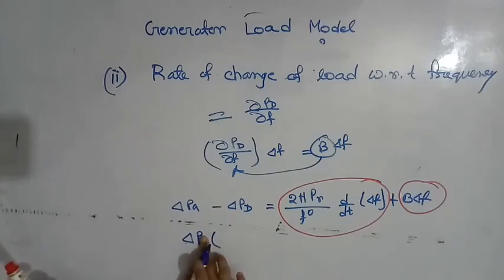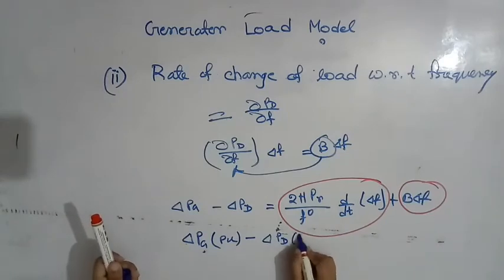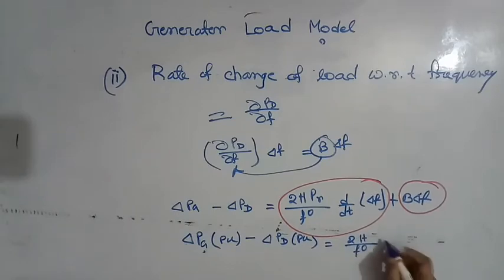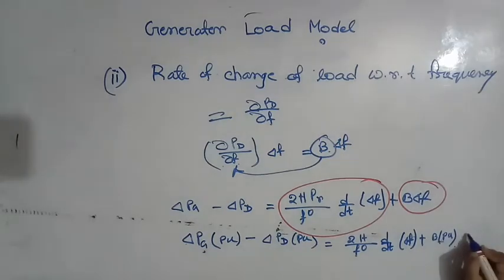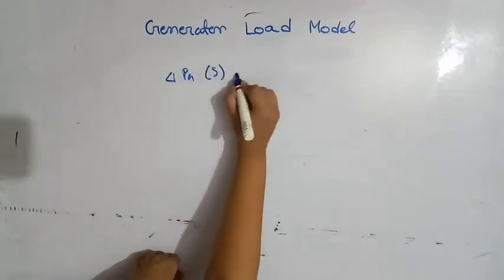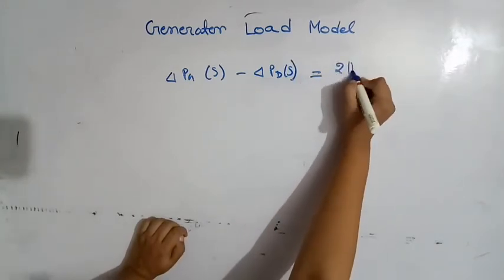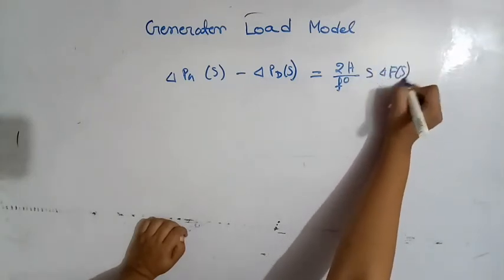Delta PG per unit minus delta PD per unit is equal to 2H by F0 d/dt of delta F plus B per unit into delta F. Taking the Laplace transform, delta PGS minus delta PDS is equal to 2H by F0 S delta FS plus B delta FS.